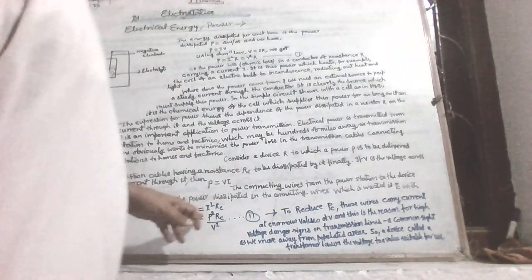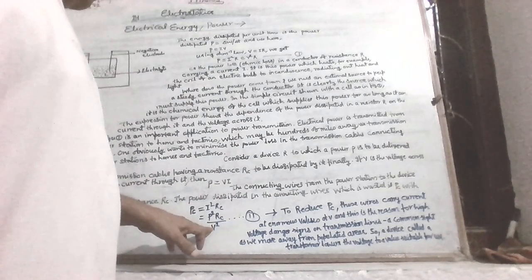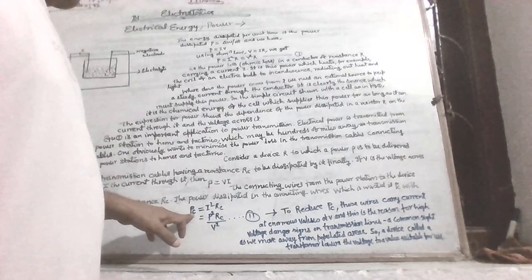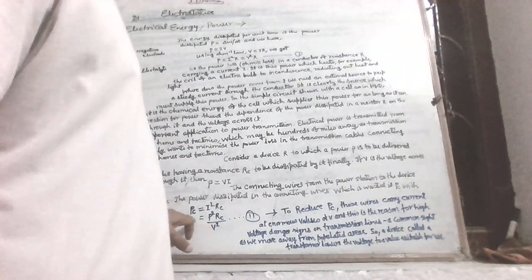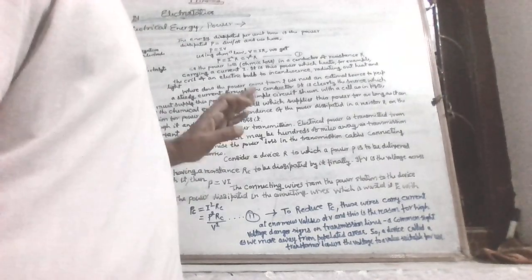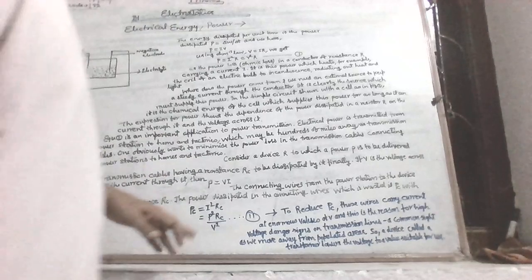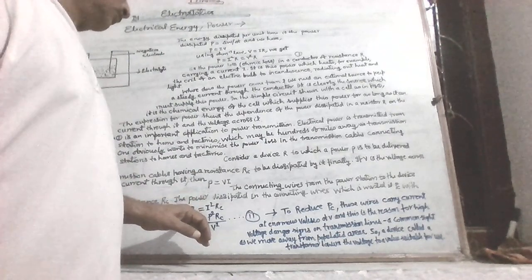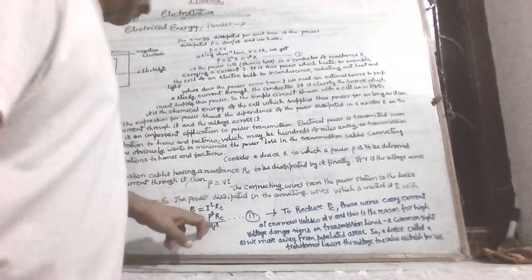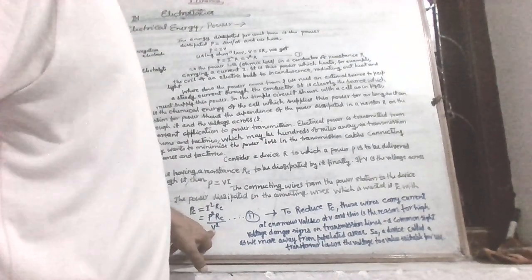But in domestic and commercial cases, we need less power loss, so we supply the power for domestic or commercial purposes at low voltage, because with low voltage we have low power loss when we use it commercially and domestically at lower voltage for a shorter length.